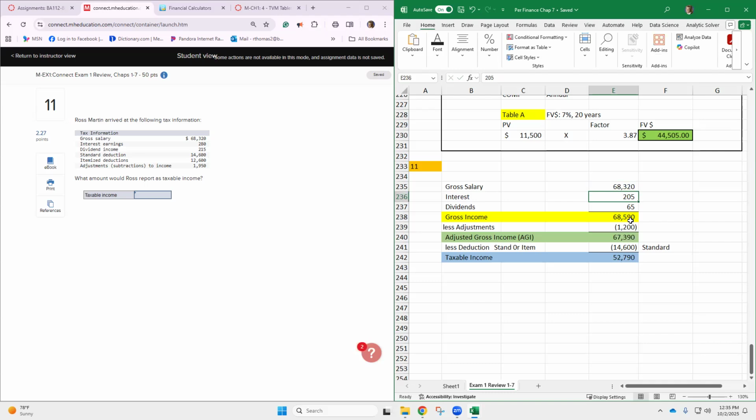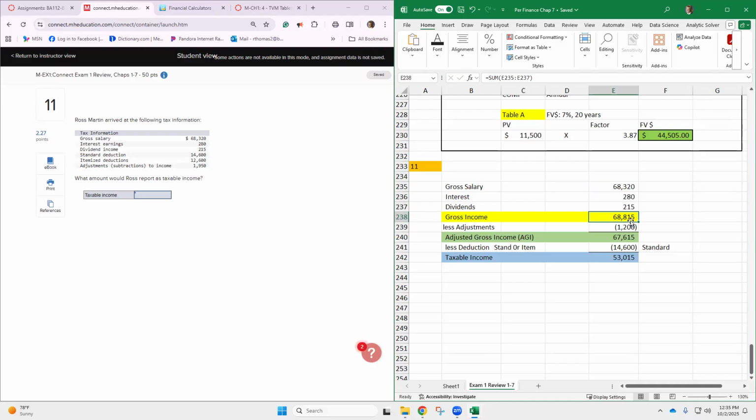There's certain types of income, for instance, interest earnings and dividend income, both of those are taxed. So we want to figure that in your taxable income. So 215 is my dividends.